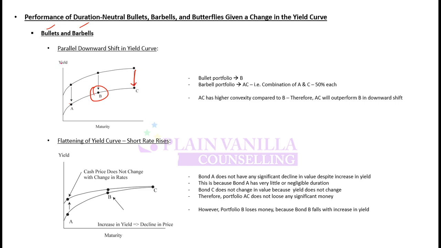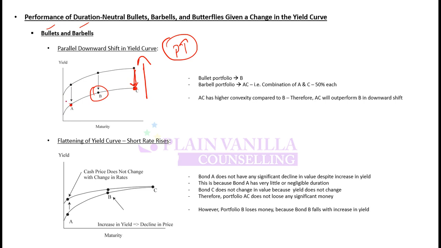Your yield curve is going down. So what would happen? If yield curve is going down, that means prices will increase. So where would prices increase more? Price at C will increase the most. That means highest return. Why? Because duration is highest.